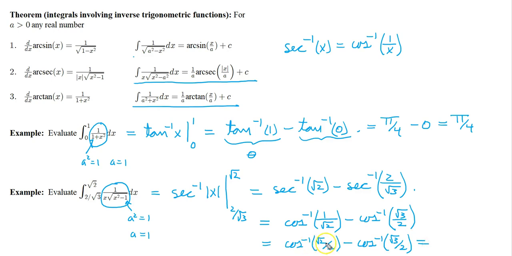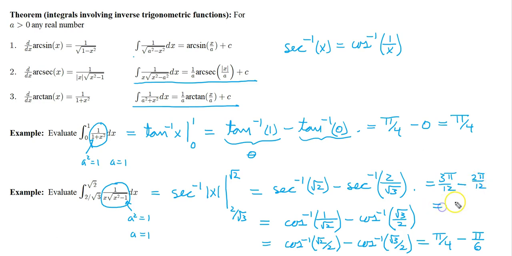Now the arc cosine of root 2 over 2, that's pi over 4. And the arc cosine of root 3 over 2, that's pi over 6. And so we get for our answer here, just finding a common denominator, this is going to be 3 pi over 12 minus 2 pi over 12.